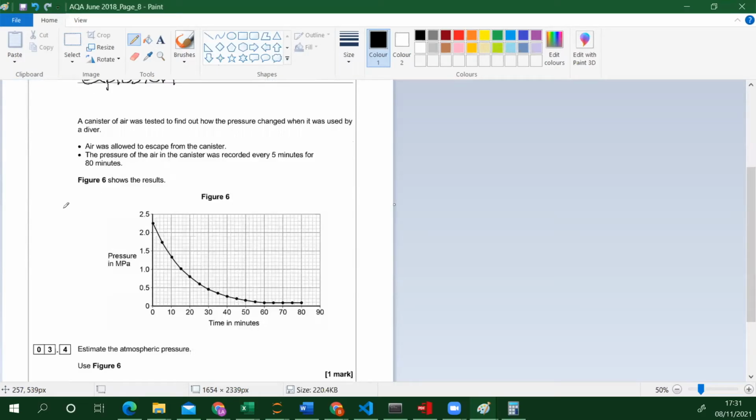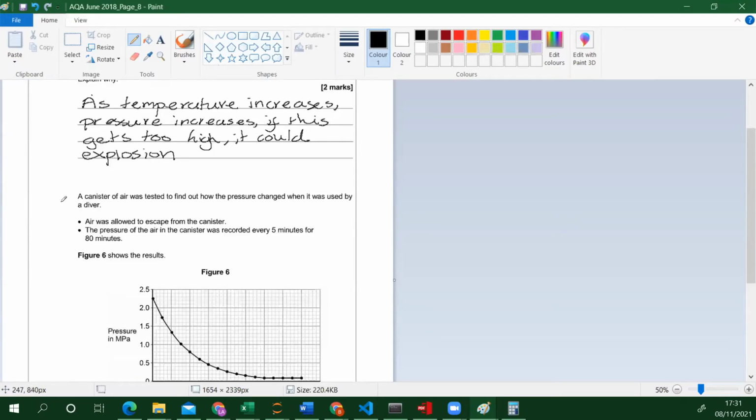A canister of air was tested to find out how the pressure changed when it was used by a diver. Air was allowed to escape from the canister, so it vented it. Remember, venting prevents explosion. The pressure of the air in the canister was recorded every 5 minutes for 80 minutes.